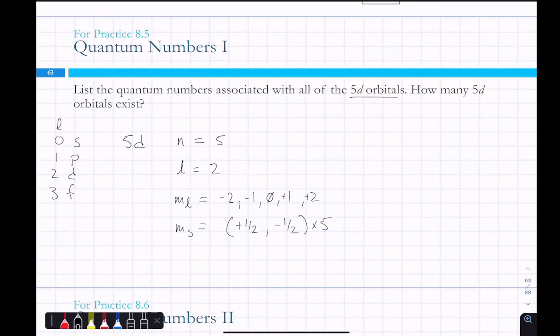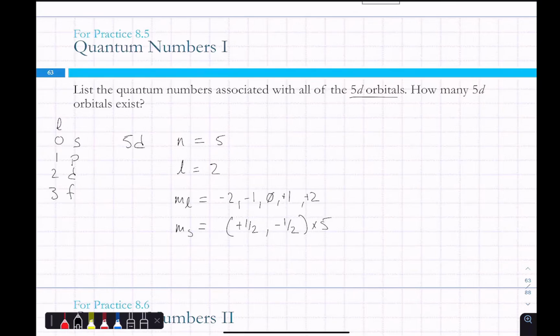So for how many 5D orbitals exist, again, I don't like the way that this is worded. I think the most straightforward way is, how many m sub l levels are there, essentially?